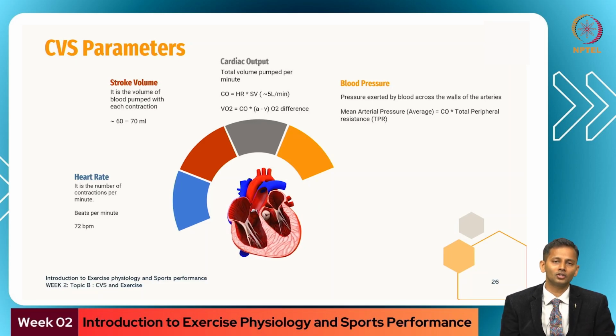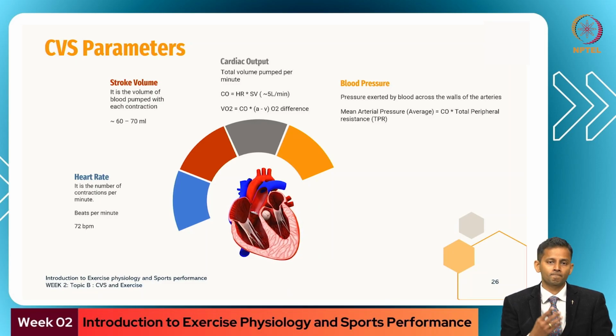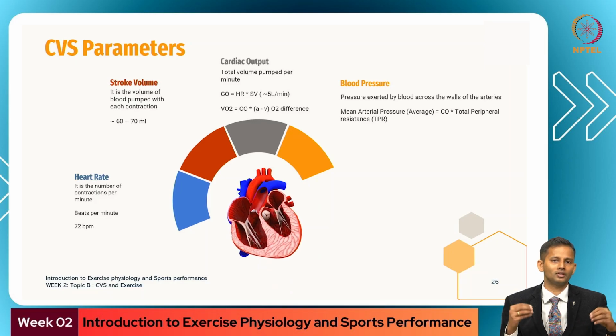That is called your blood pressure. The pressure exerted across the wall of the arteries is what you measure using your BP equipment. And as we mentioned, the heart pumps and causes a contraction, and then it relaxes for filling up, or receiving the blood from the atrium.